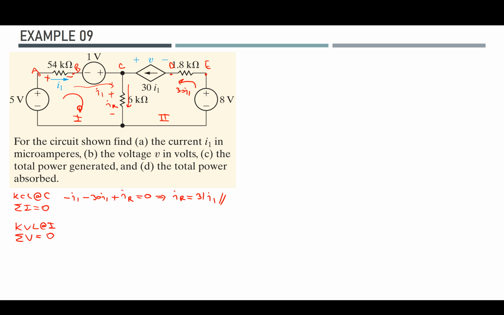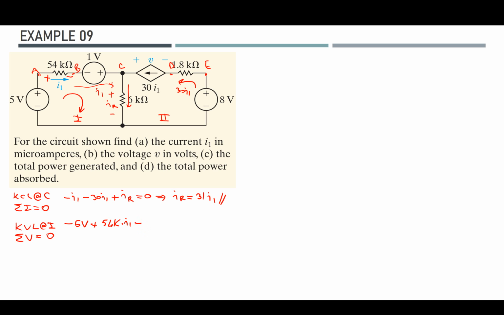I'm rotating in clockwise direction, so I can simply write minus 5 volts plus 54k times I1, plus there is also this voltage source, which is in reverse direction to my rotation.